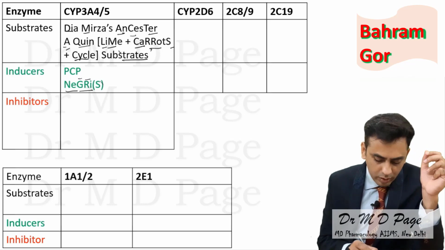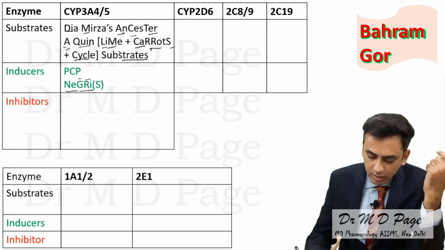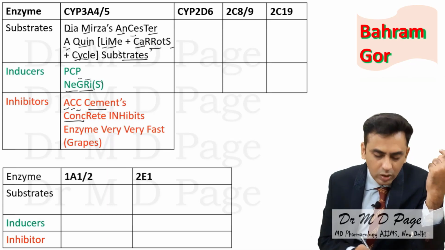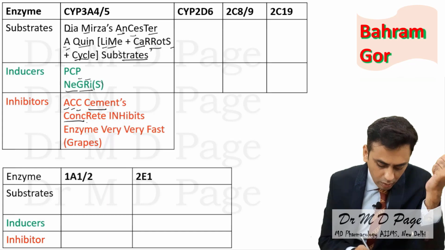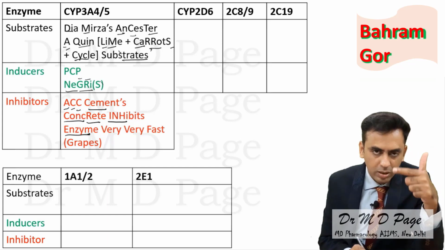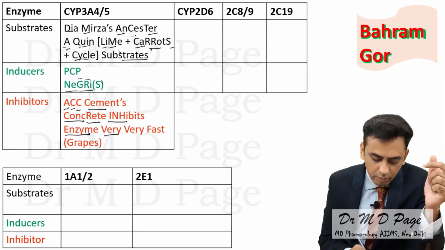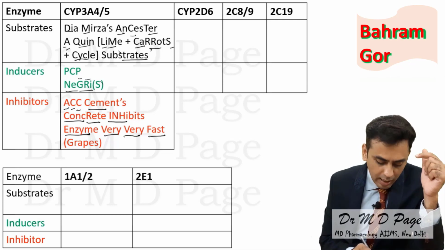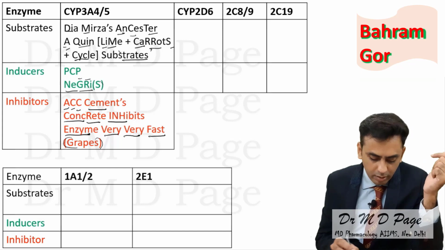In inhibitors we had the mnemonic ACC, Siemens enzyme inhibits enzyme very fast. A: allopurinol, amiodarone, ciprofloxacin, chloramphenicol, cimetidine, conazoles: itraconazole, ketoconazole, ritonavir, indinavir, saquinavir, other protease inhibitors, INH, isoniazid, enzyme, erythromycin, clarithromycin, telithromycin, verapamil, valproate, fluoxetine, fluvoxamine, and grapefruit is the environmental factor.